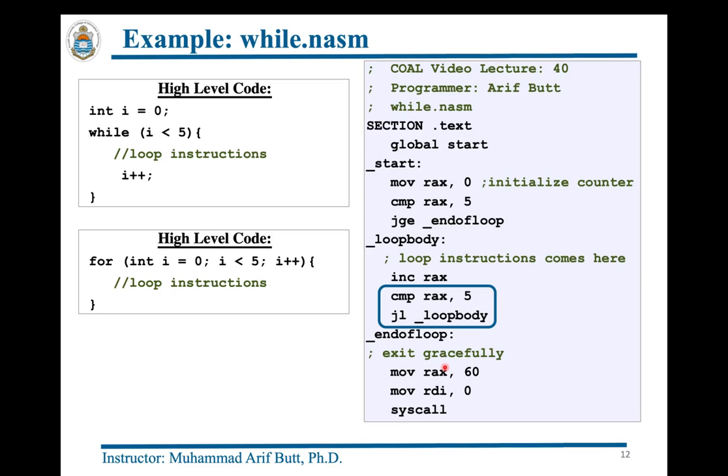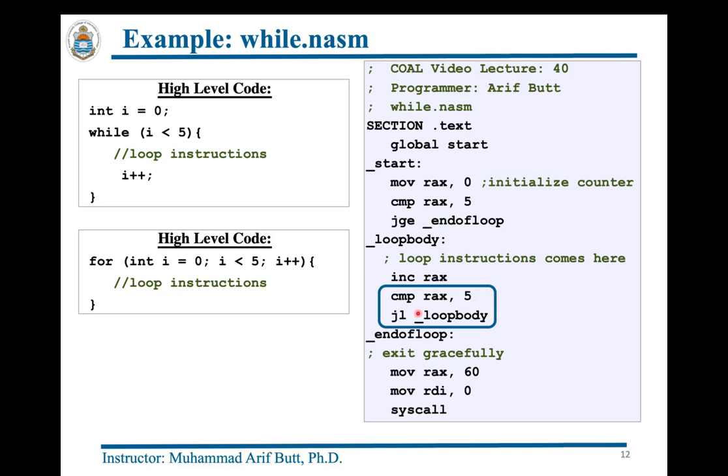My dear students, one more point that you might have observed is that in the assembly code, the loop condition is checked at two different places. And at these two different places, we have two different conditions. Over here, we have used jump if greater than or equal to move to the end of the loop label.